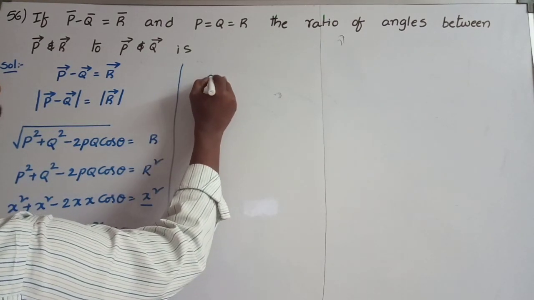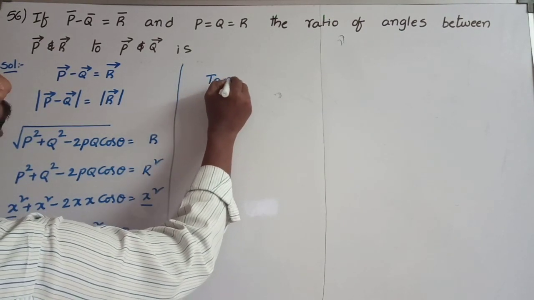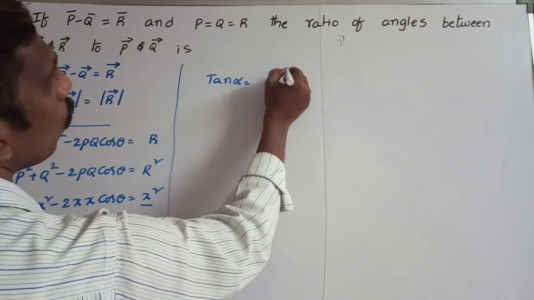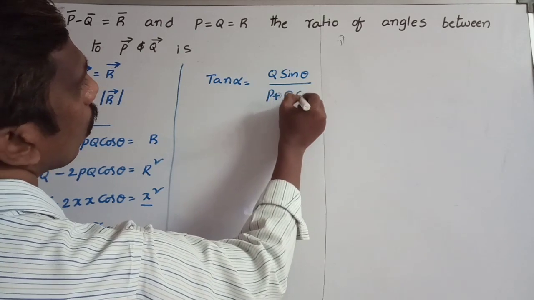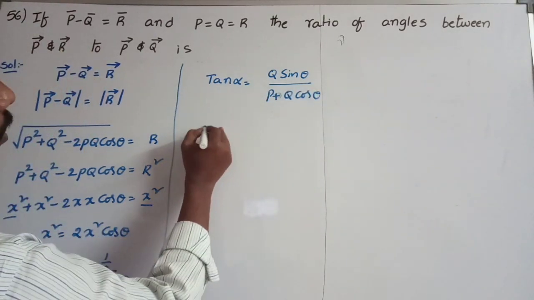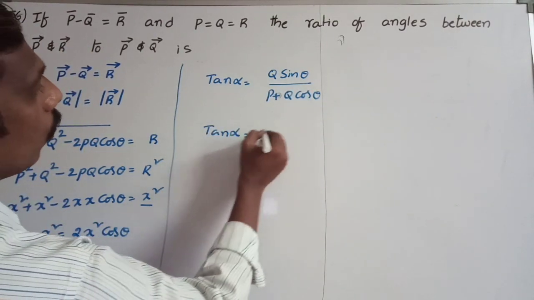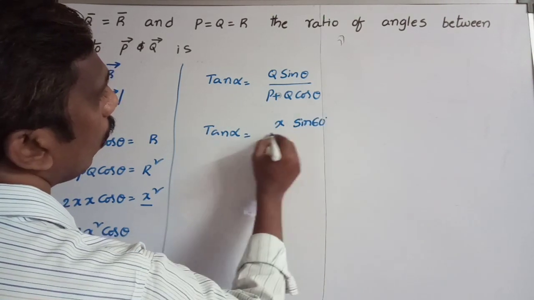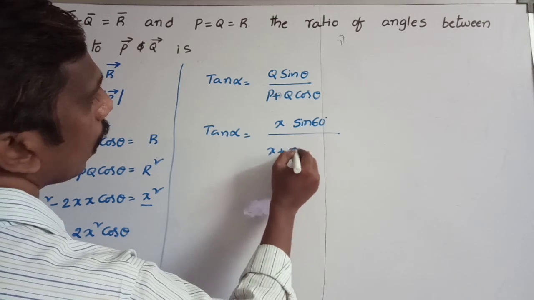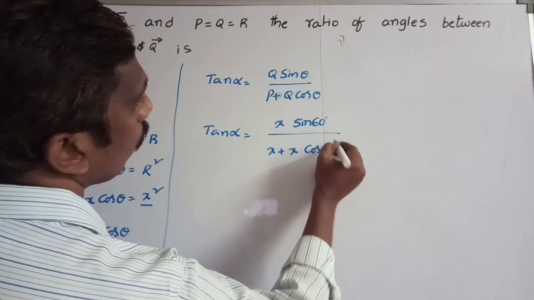To calculate the angle between P and R, tan alpha is equal to the formula Q sin theta by P plus Q cos theta. In this, tan alpha is equal to Q value taken as x, sin 60 degree divided by x plus x into cos 60.